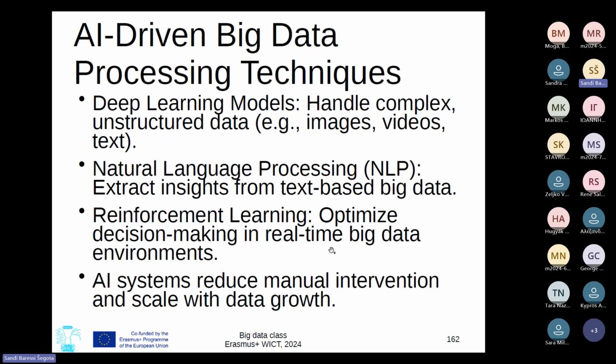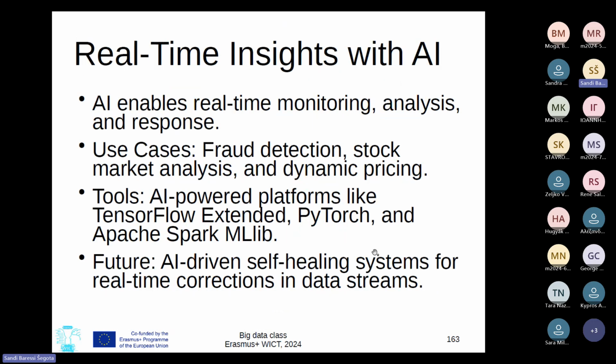Reinforcement learning, you probably mentioned reinforcement learning in other classes, but you can really easily build reinforcement learning algorithms upon big data, especially big data that is being fed, and you can retrain these algorithms again. And they're really easy to scale as you get more data.